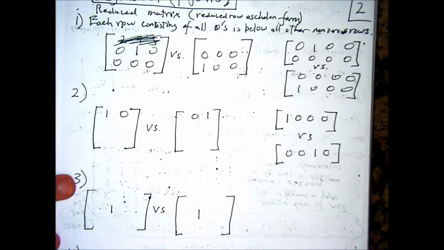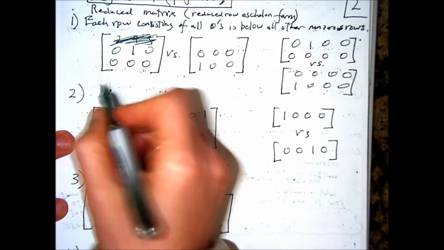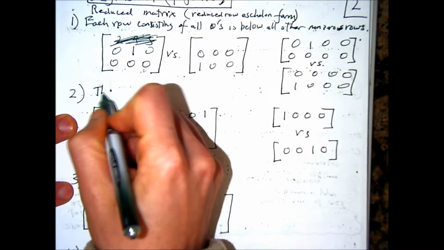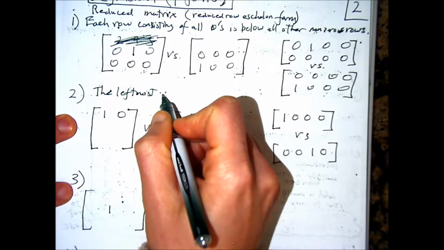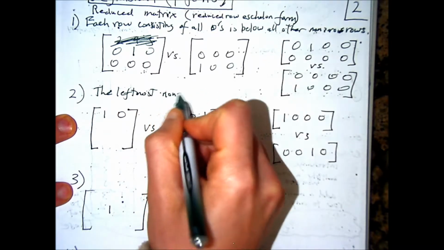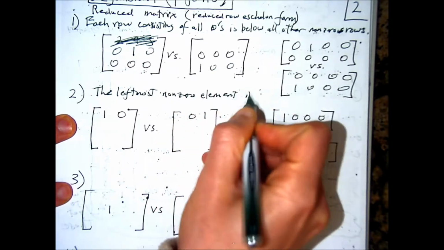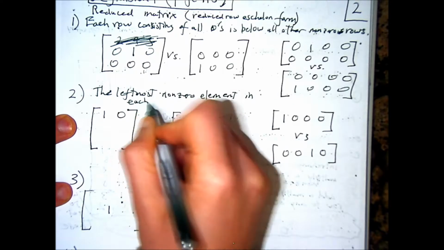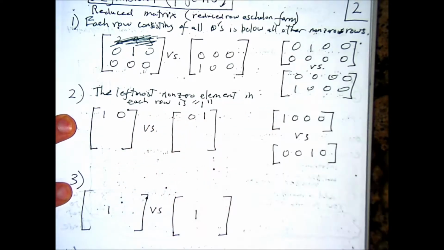Rule number 2. The leftmost or leading non-zero element in each row is 1. So the leftmost non-zero element in each row is 1.